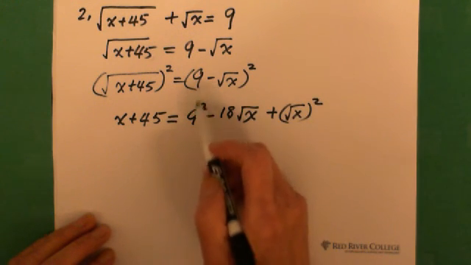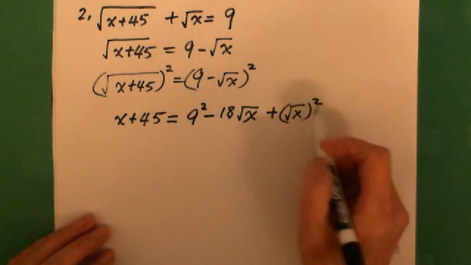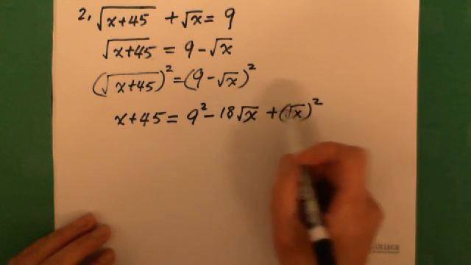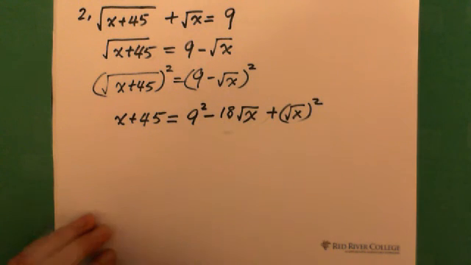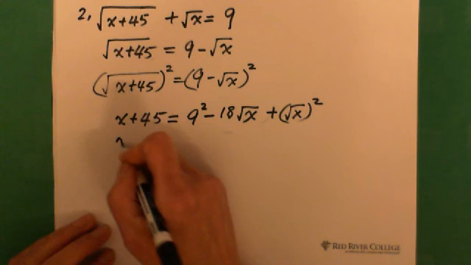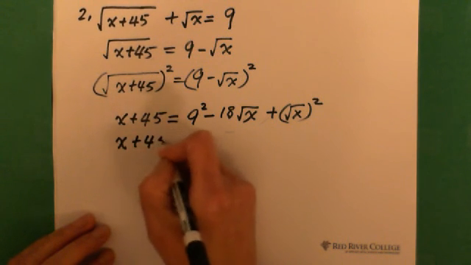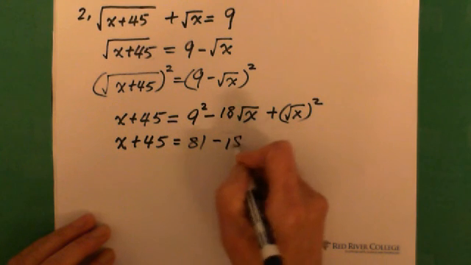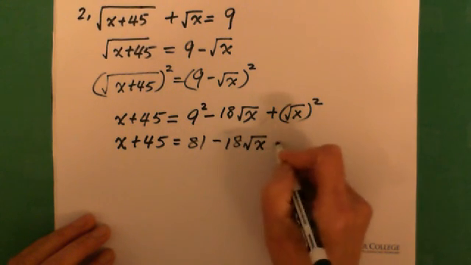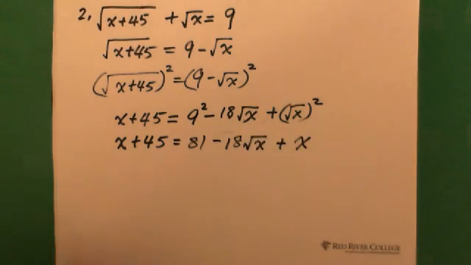Because of the perfect square, after expansion you have 3 terms. The first one is the first number squared. The last one is the second number squared. The midterm is multiplying these 2 numbers and then 2. So you have this. Then you can see x plus 45 equals 81 minus 18 square root x plus x.